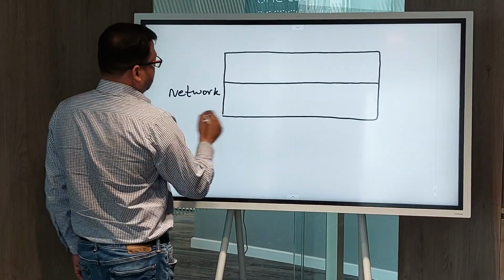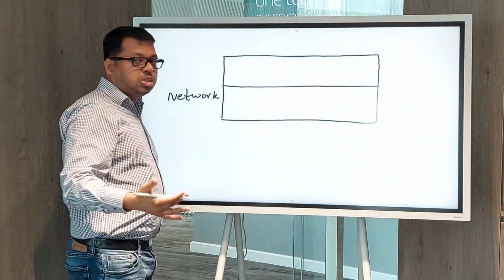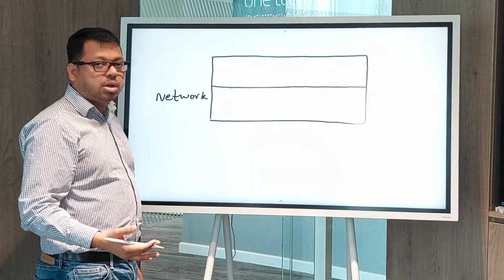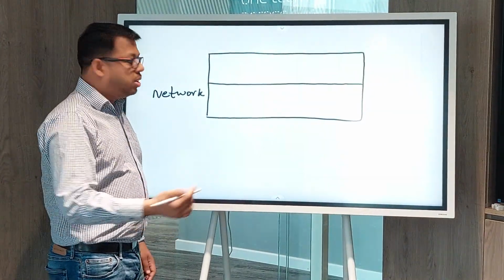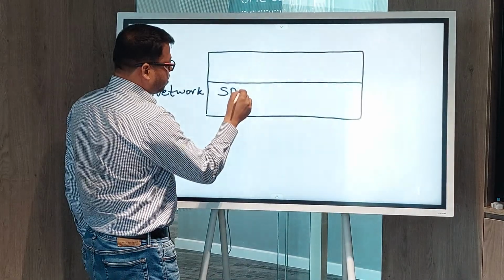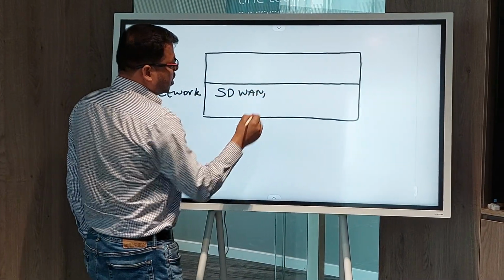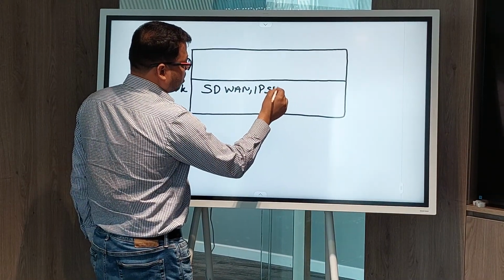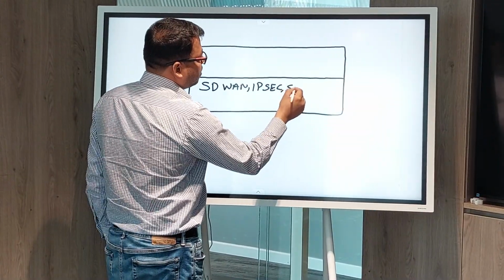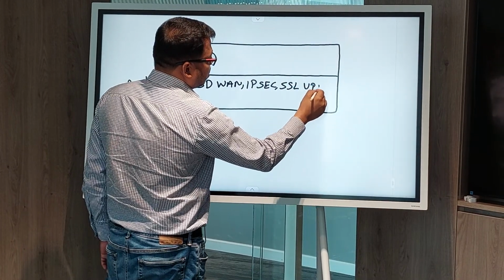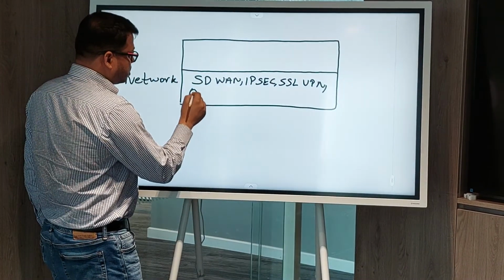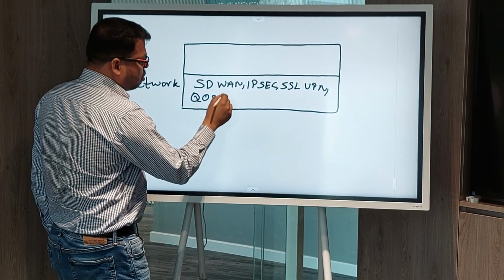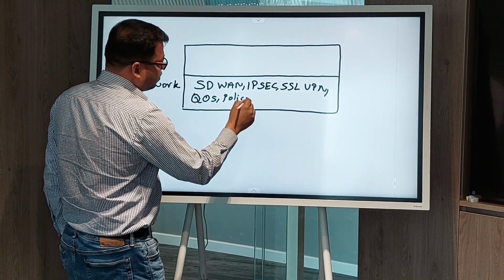One is network as a service, which is, as I said, it is providing a high bandwidth, high throughput backbone network, then SD-WAN, the IPsec VPN, SSL VPN, QoS, policy based forwarding, etc.